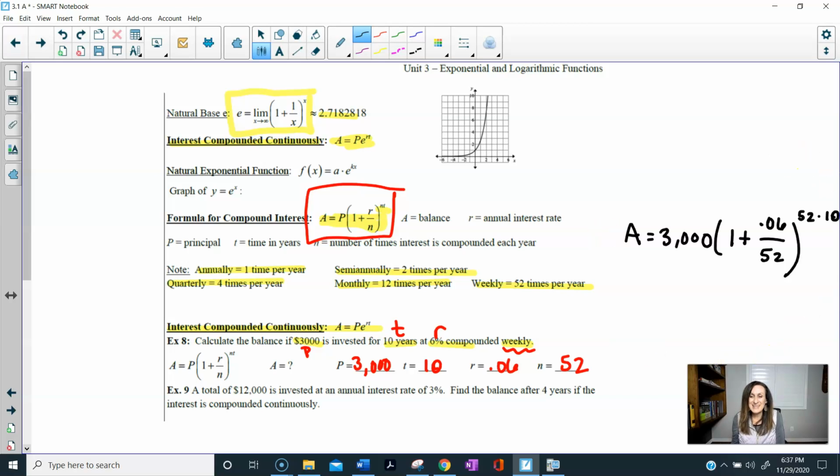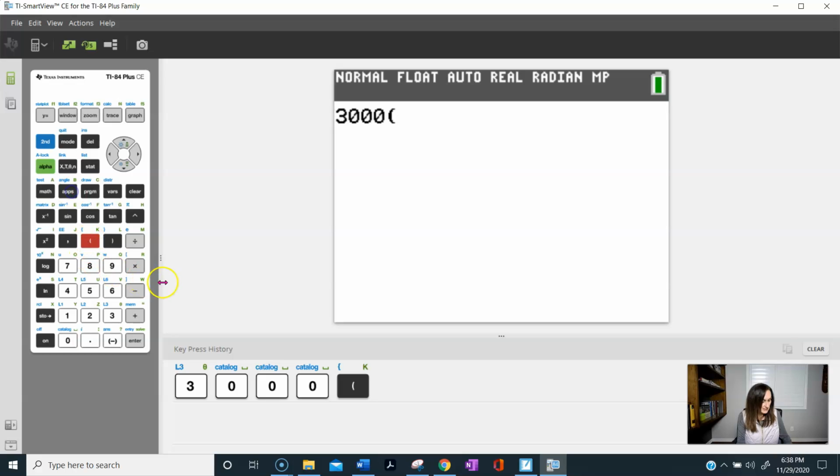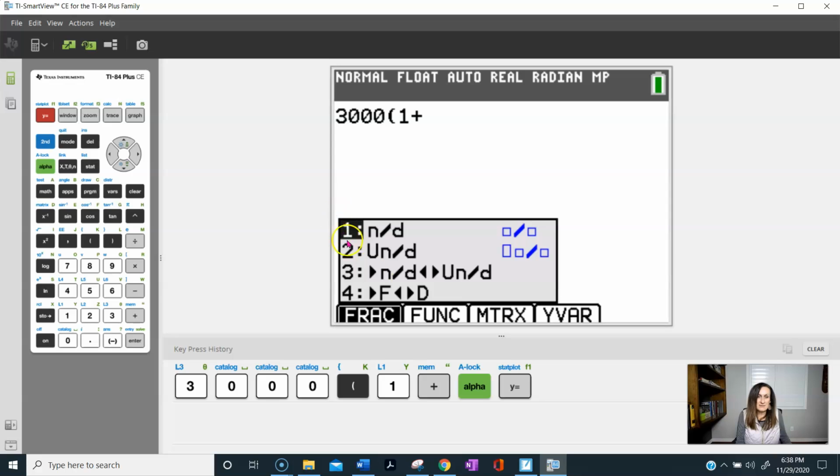This you just plug straight into your calculator, and it's going to give you the amount you would have after 10 years. So we have 3,000, and then you put in parentheses, and then you put in 1 plus, and then green alpha F1 is going to give you a fraction bar. So green alpha and then the y equals key.